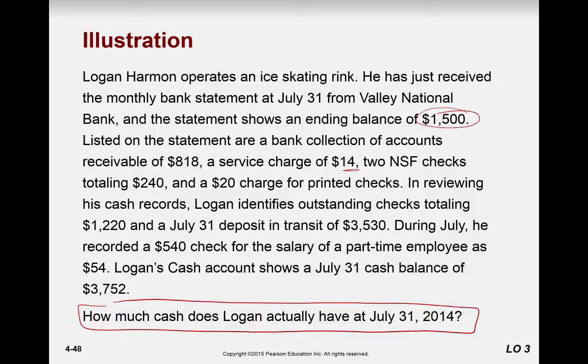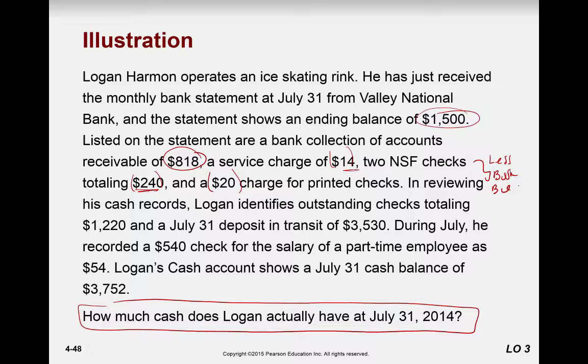We have 2 NSF checks, which both total $240. Again, that is going to be on our book side. And we have a $20 charge for printed checks. So this amount is added, but these amounts, the service charge, NSF, and our $20 charge, those are all less our book balance.